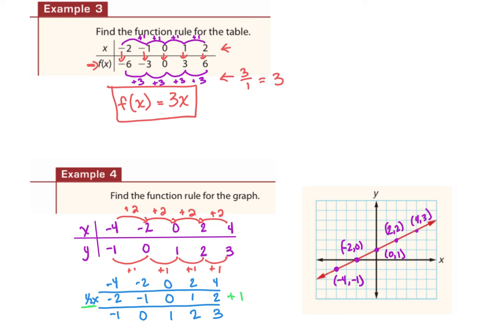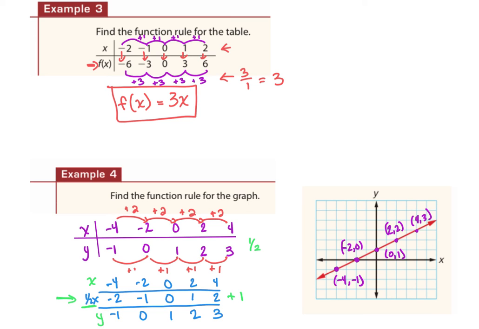So the 1/2 row didn't work, did it? It didn't give me my actual y values. My y values are down here. If I take my x values and multiply by 1/2, which looks like that's what it's going to be because I'm going up by 1 and going up by 2, right? I didn't quite make it. This is not my actual y values. I haven't quite made it.